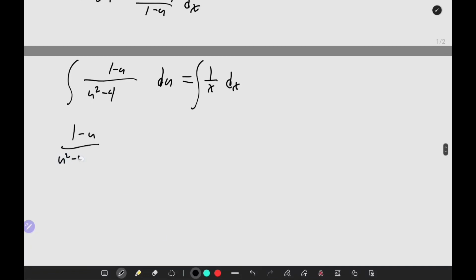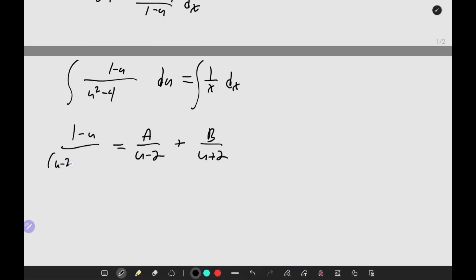So u squared minus 4. This is equal to a over u minus 2 plus b over u plus 2. Oh, this is a 4, right? All I did was split up this bottom part. I should rewrite this. Hold on.